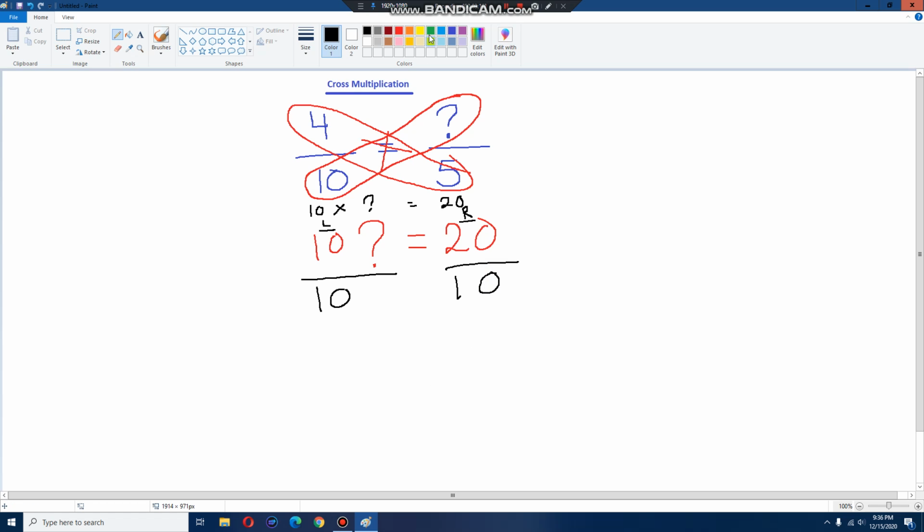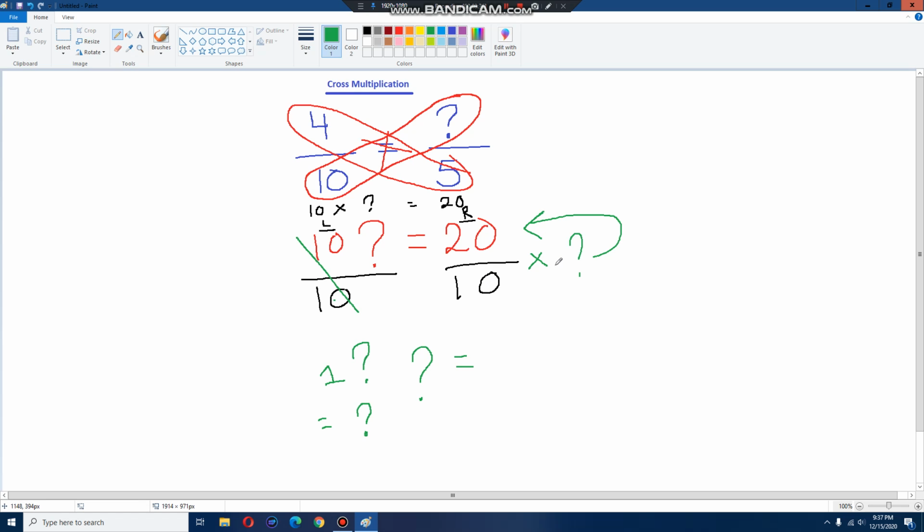Okay? And this is easy enough. 10 divided by 10 is 1. So 1 question mark. And 1 question mark can also be written as just good old question mark. It's the same thing. Okay? So we have question mark equals 20 divided by 10, or 10 multiplied by some number equals 20.